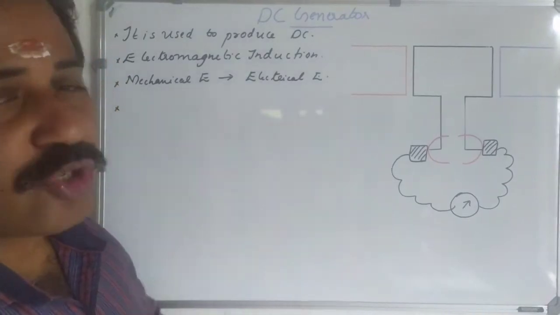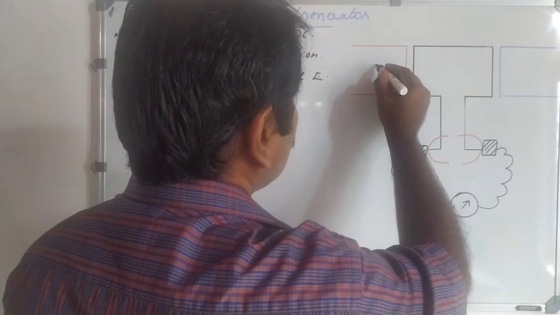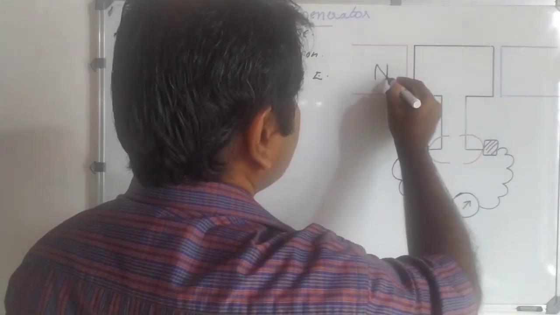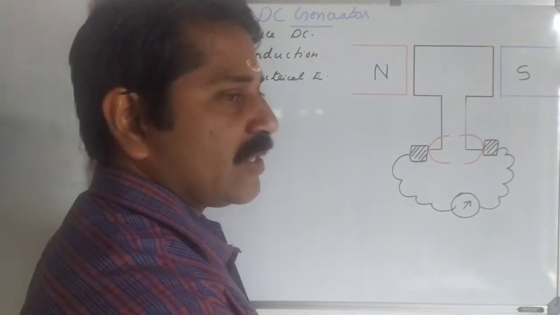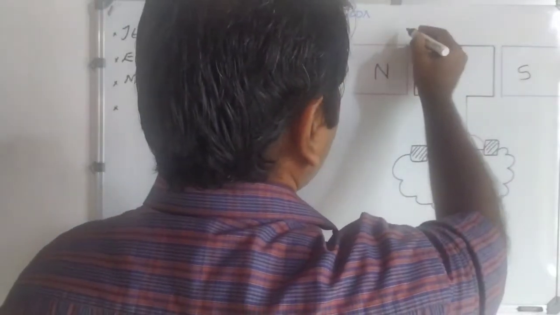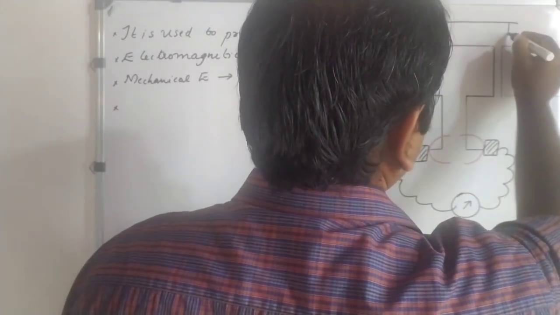When we go through this diagram, one end is north and the other end is south. As in the case of the AC generator, these two parts are collectively called field magnets.